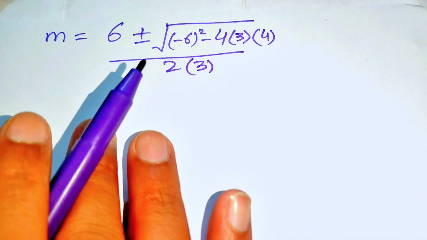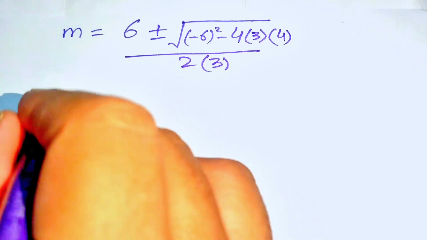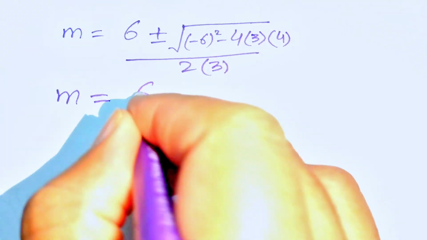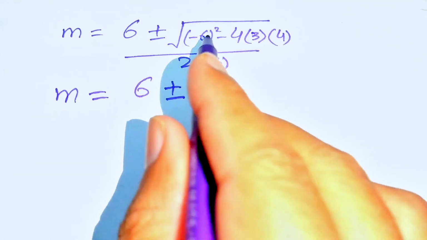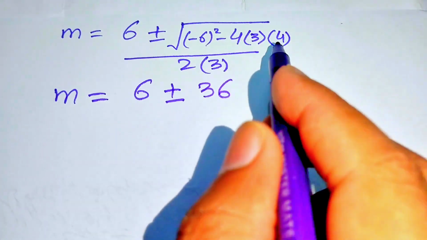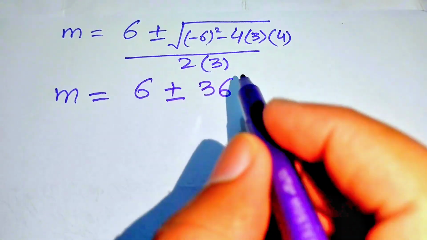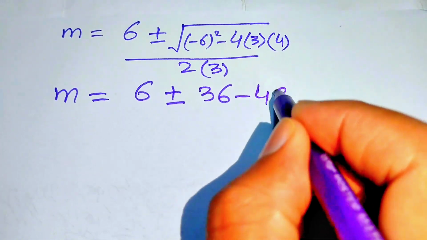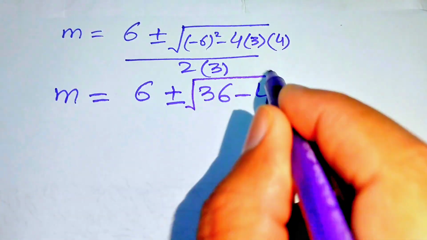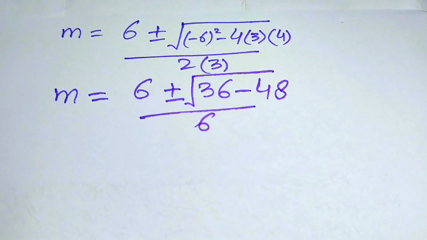And now we need to simplify this equation, and we have m equals 6 plus minus the square root of 6 squared, which is 36, minus 4 times 3 times 4, which is 48, all divided by 6.